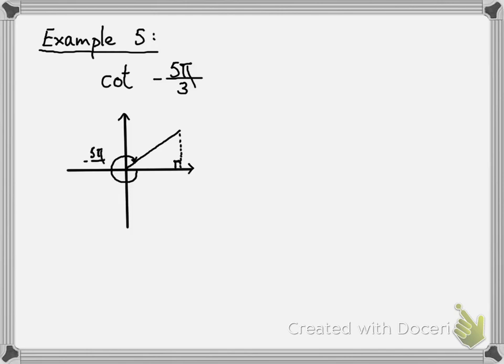To find the reference angle, in this case, we could have 2 pi minus 5 pi over 3. In other words, that is 6 pi over 3 minus 5 pi over 3, and therefore the reference angle is pi over 3.